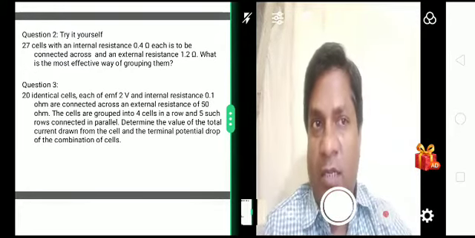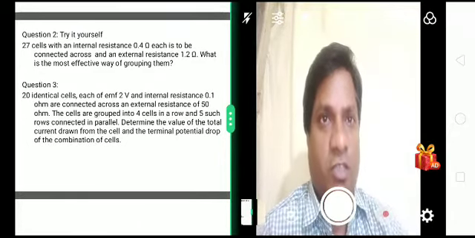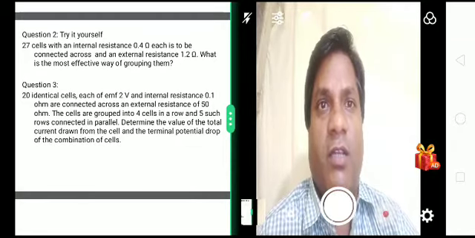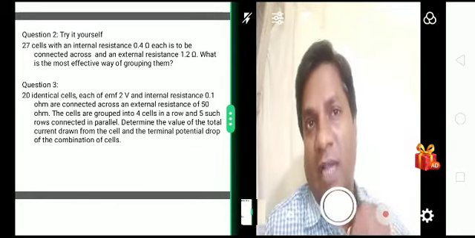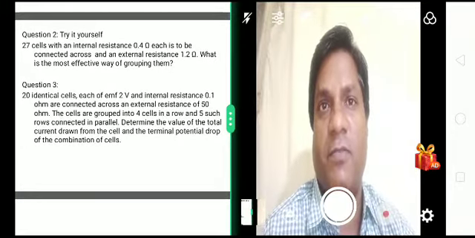So how many cells will you connect in series, and how many such series combinations do you need to connect in parallel, so that you can get maximum current from the grouping? You need to calculate and find out.